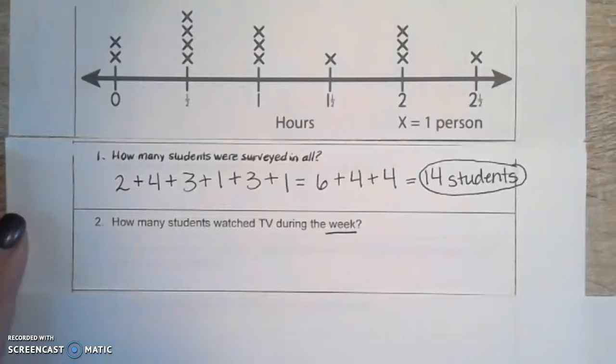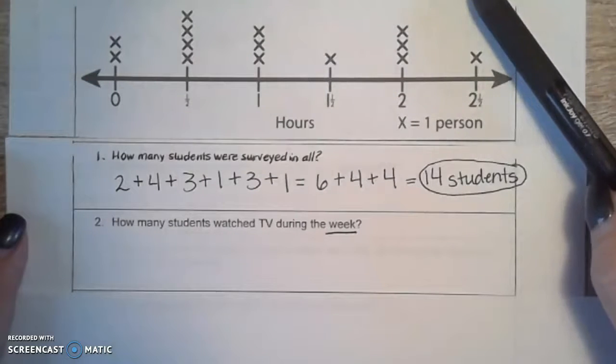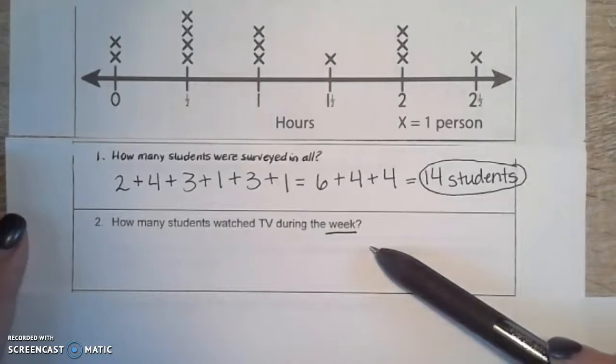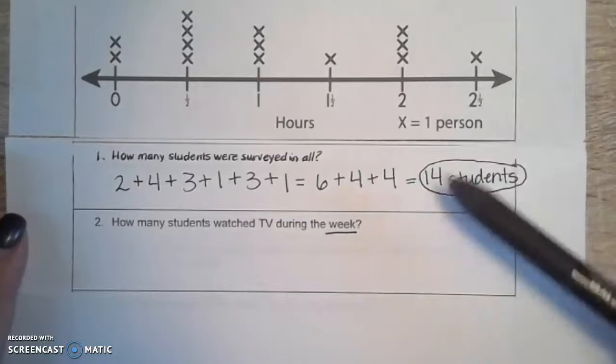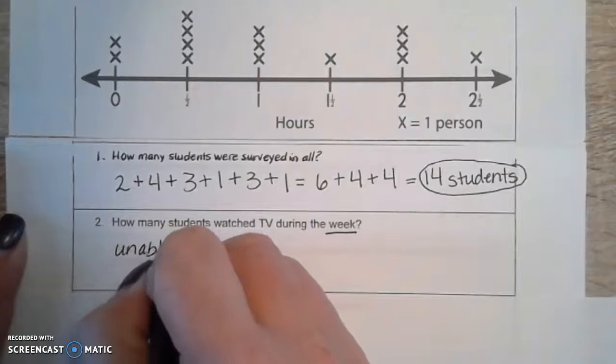I remember when I was looking at the title of this graph that it said time spent watching TV during the weekend. This question says how many students watch TV during the week. This graph doesn't tell me anything about the week. It only talks about the weekend. So for this one, I'm going to say unable to answer.